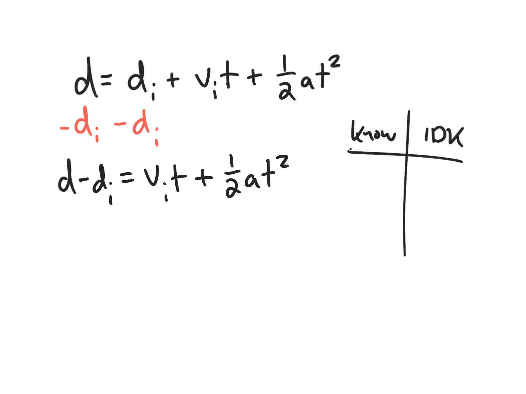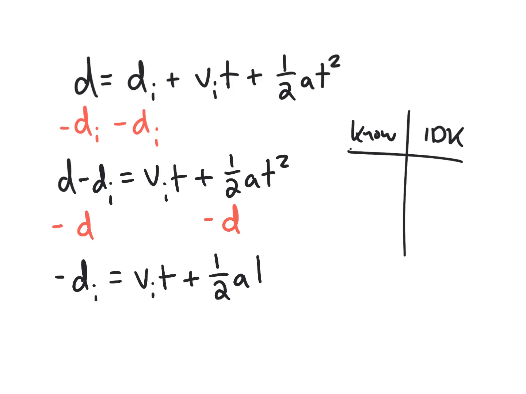I'd want to move d over to the right-hand side, so I would subtract d from both sides. So I would get negative d sub i equals v sub i times t plus half of a t squared minus d.